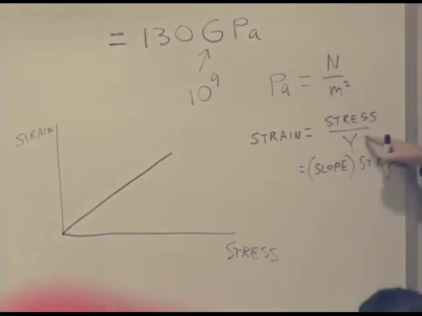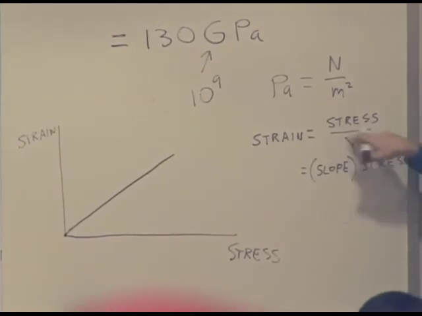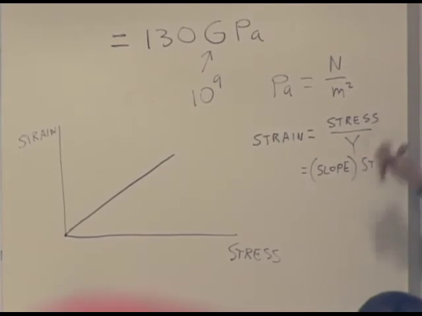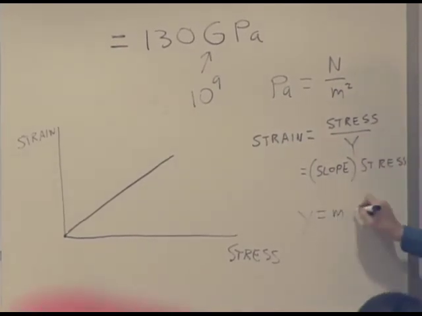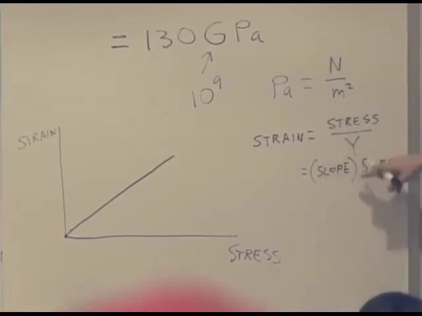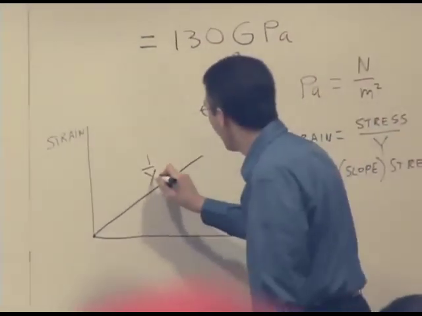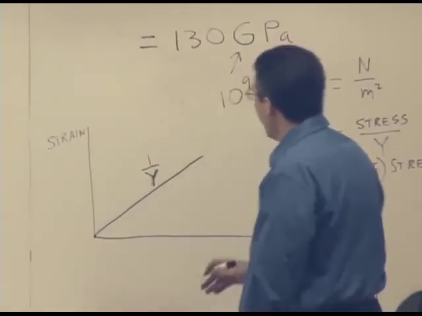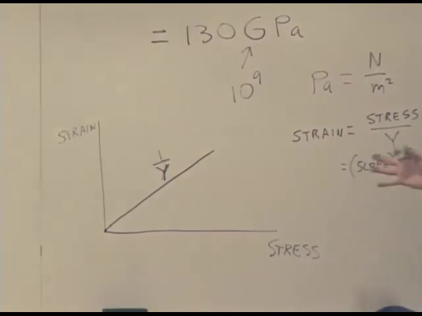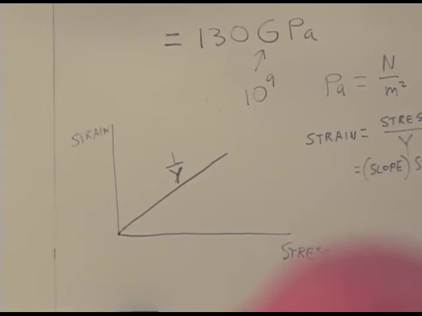So the slope must be Y, right? What am I dividing by Y here? But I'm multiplying. If you write a slope, y is equal to mx, right? And m is the slope. So use the analogy. This has got to be 1 over Y. Okay, slope is 1 over Y. This plot, all right. So the key point is it looks linear, right? Because it's a constant slope until it doesn't anymore.